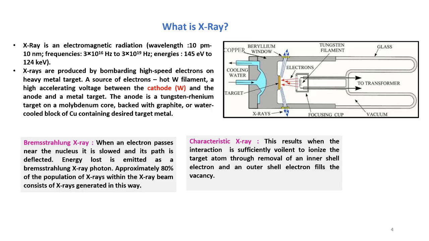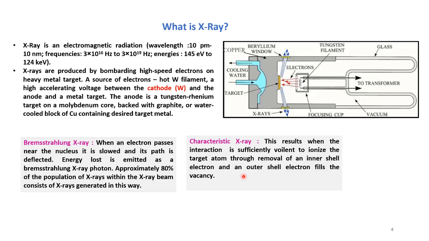That X-ray is what we call the characteristic X-ray, and this is very important when we want to determine what kind of material we are having. Every particular material or element has a particular characteristic X-ray. That's why it is called characteristic, because of the energy required for the removal of an electron from the inner shell.